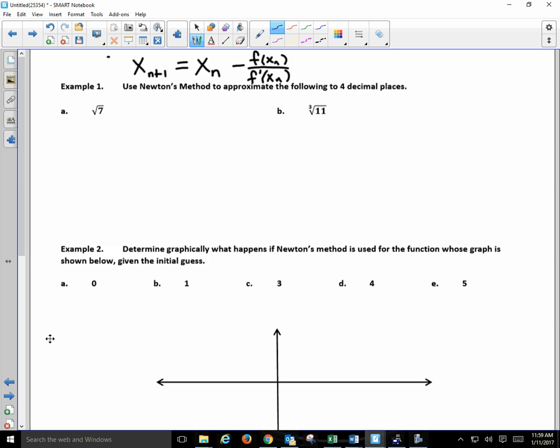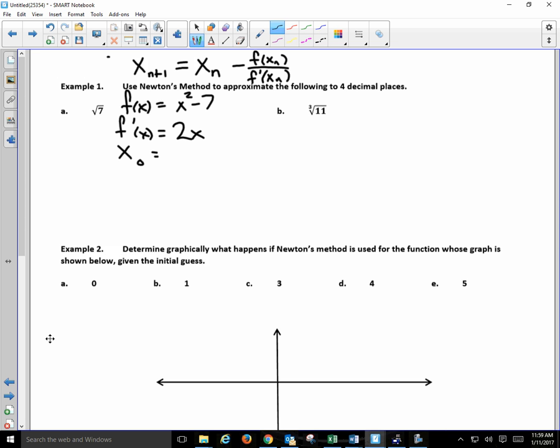So what we need is we need a function. If I want to evaluate the square root of 7, what's my function? I also need a derivative. 2x. And what is my initial guess?